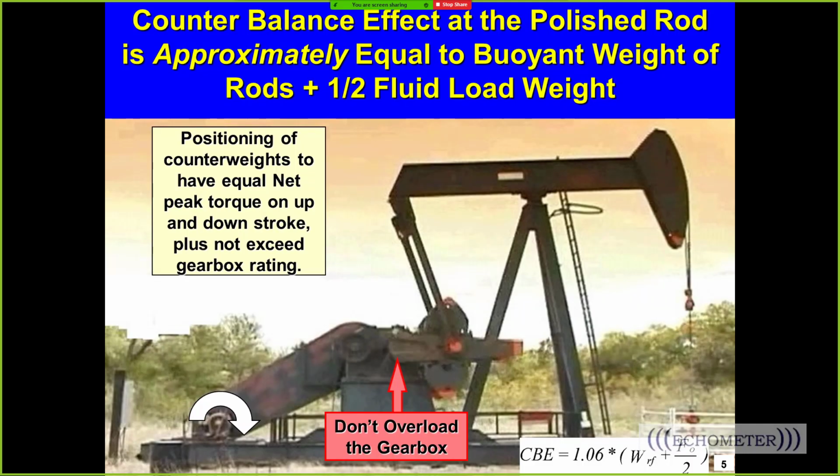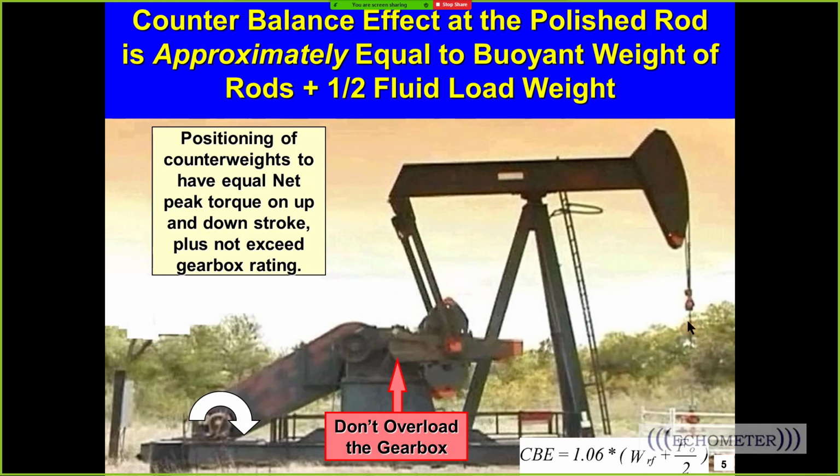Now, this is that same well, and we're viewing it from the side. And if you were to look at the weights here and think about the force of gravity acting on the weights, and there's a force from each of the weights going down, and then there's also a force from the crank arm, and that's what creates the counterbalance moment.